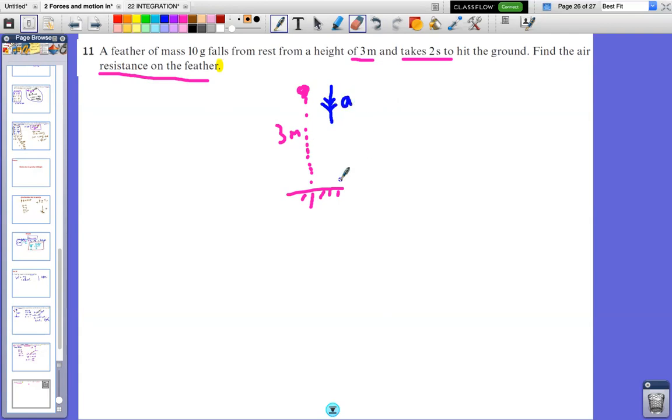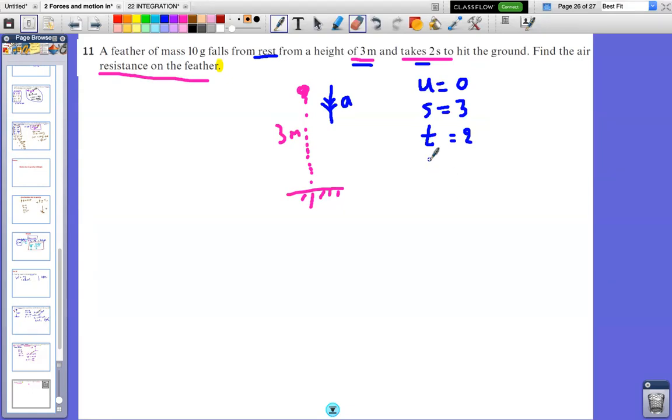What is the acceleration of the feather? So we know u is 0. It falls from rest, so u is 0. And s is 3. t is 2. t is given, s is given.